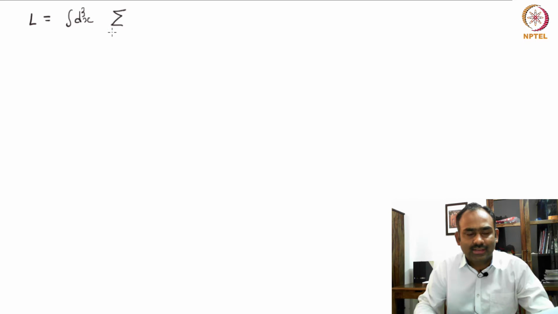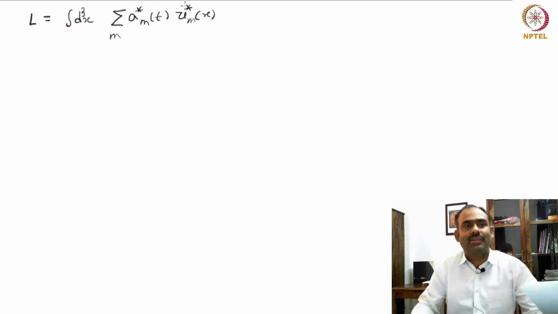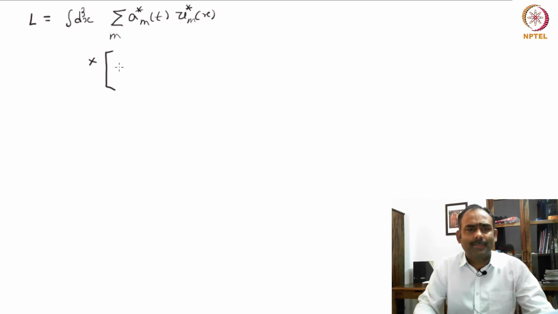So psi star is the sum over m of a m of t u m of x, with complex conjugation, since it's psi star. Then in the bracket we have i h bar del psi over del t.